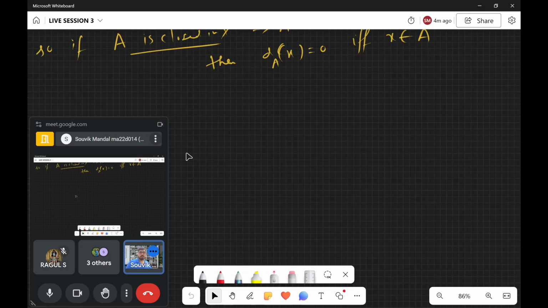So okay. Before starting the next question, can any one tell, what is a dense set?